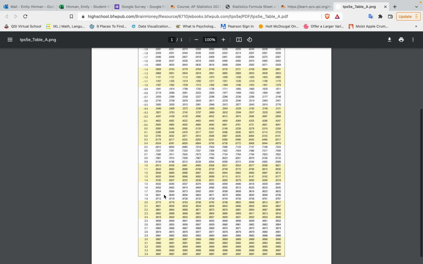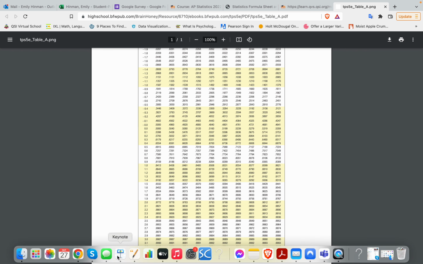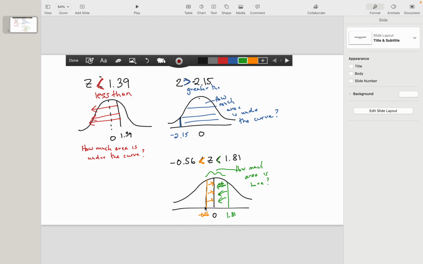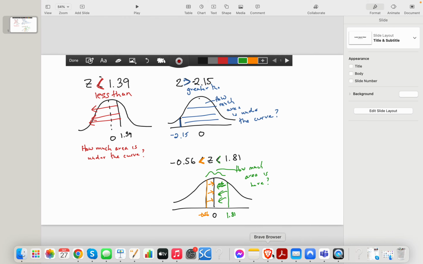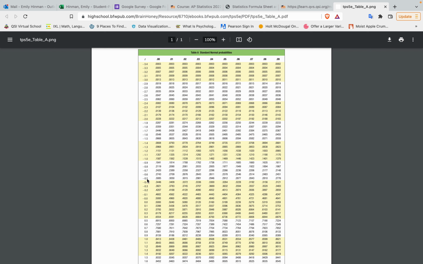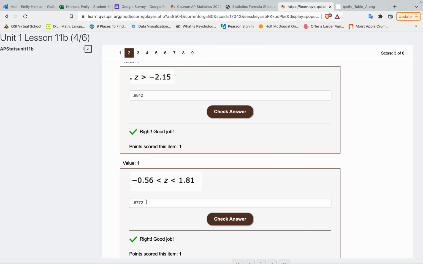Sorry, there we go. So 1.81 is 0.9649. And then I need to find now the left of negative 0.56. So negative 0.56 is there. So minus 0.2877 gives me 0.6772. And that gives me the right answer.